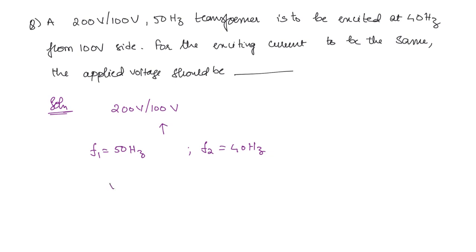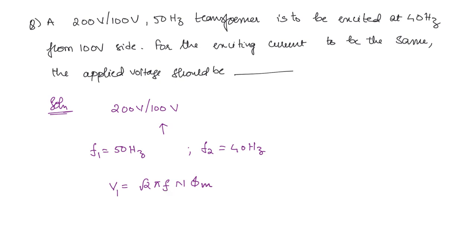Now we have the expression for applied voltage. What is it? The RMS value, root 2 pi F n phi m, okay. Now the exciting current should be the same, implying that the flux is the same. So phi m is going to remain the same and n, the number of turns, is also going to remain the same, okay. Root 2 and pi are anyways constant. What is the variable that is changing here? The frequency.